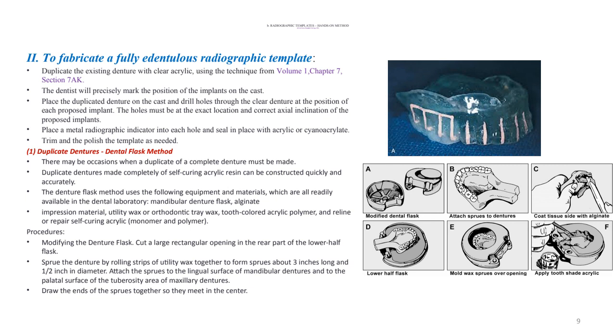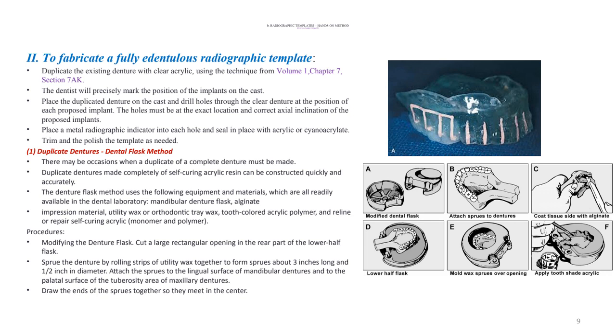So the most used method of fabricating the radiographic template is actually using a dental flask method or a jig method, because first of all, it's a little more accurate.